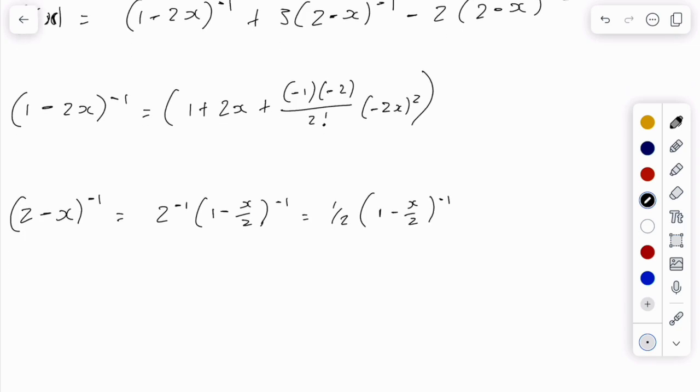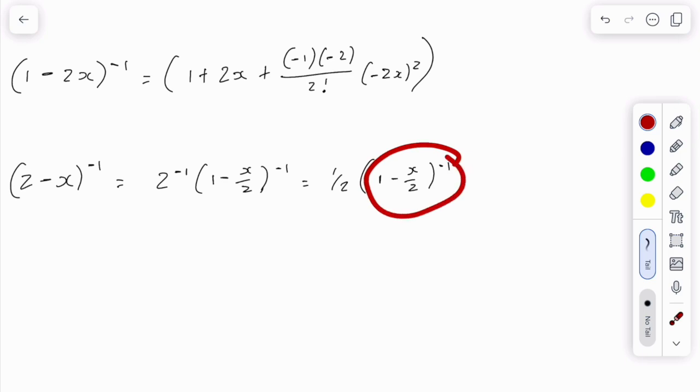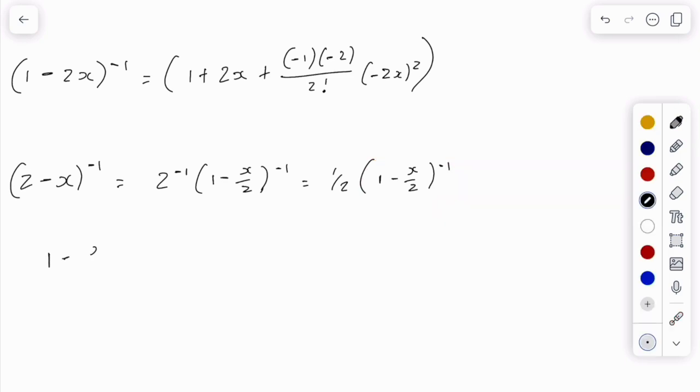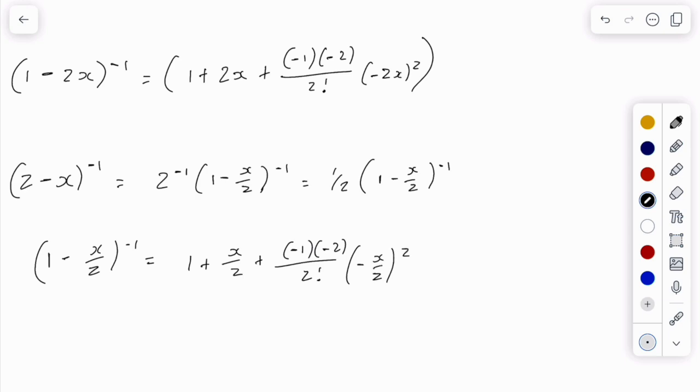This one. Okay, now if we hone in on this, we can say that this equals 1 plus x over 2 plus minus 1 times minus 2 over 2 factorial times minus x over 2 squared.